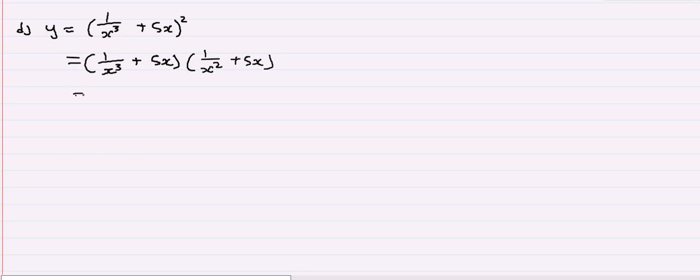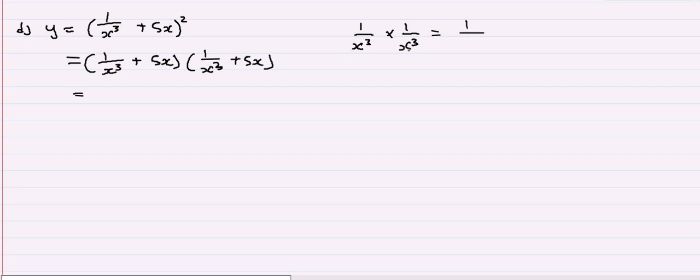Then when you multiply binomial by binomial, okay, this is cubed, not squared. 1/x³ multiplied by 1/x³. Remember, when you multiply fractions, it is numerator multiplied by numerator, which is 1 multiplied by 1, it's 1.